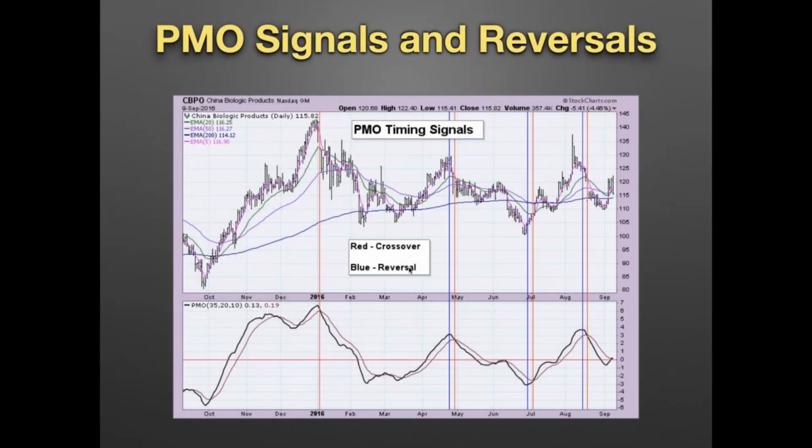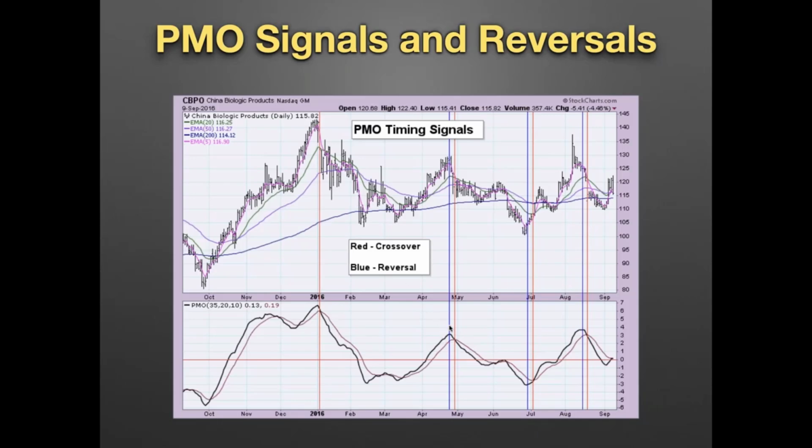So here is a typical PMO chart, if you will. This is a daily chart, and you can see obviously the crossovers in red are negative, the blue are reversals. So you can see that typically you get the crossover sell signal and you're going to have some decline that will follow.